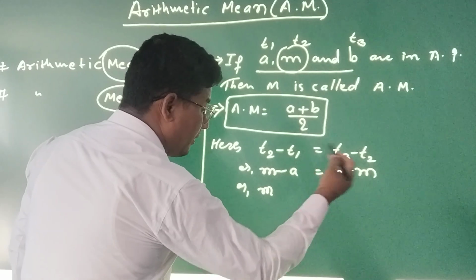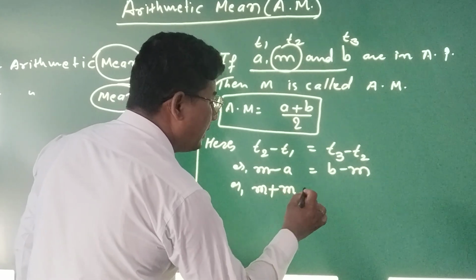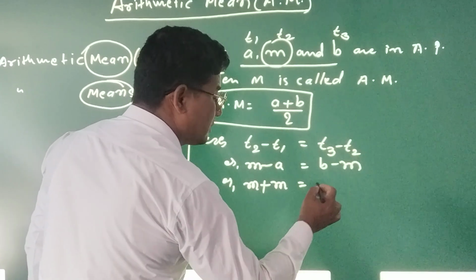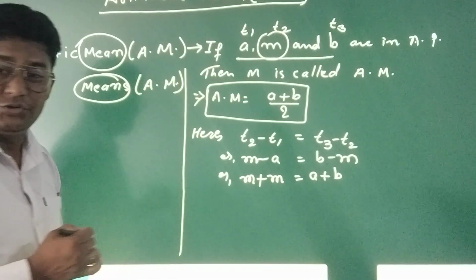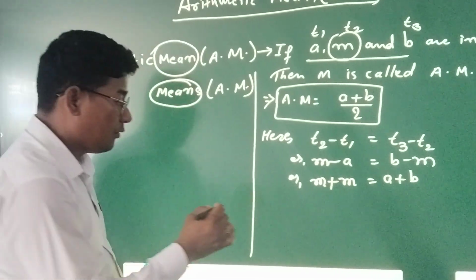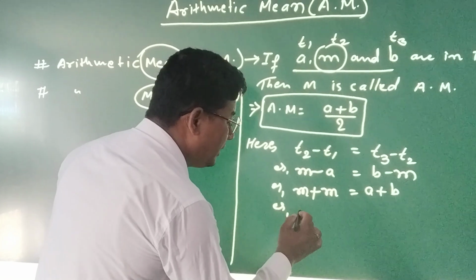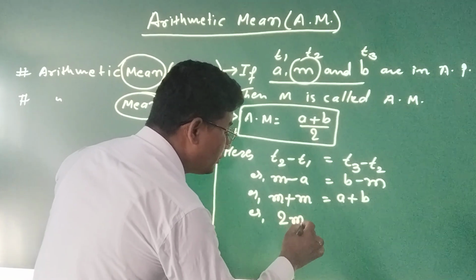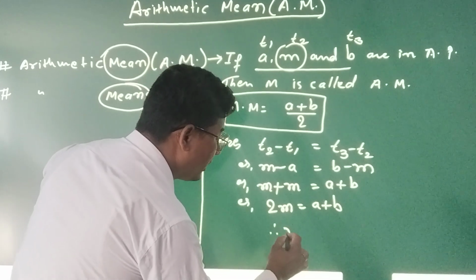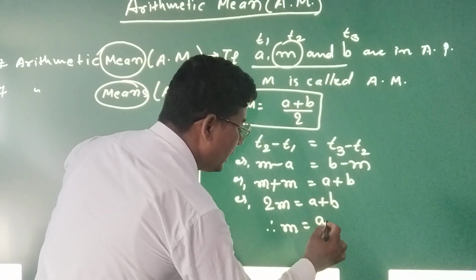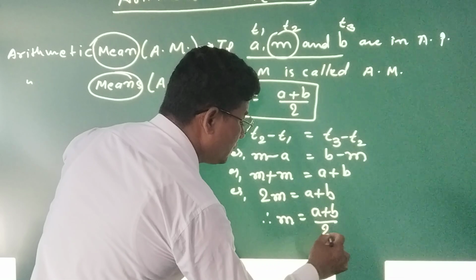Transposing M and A to the other side, M plus M is 2M, so 2M equals A plus B, and therefore M equals (A plus B) by 2.